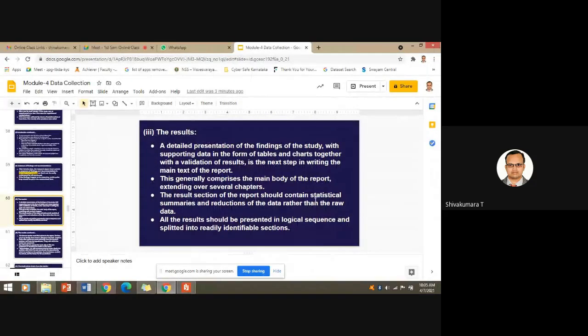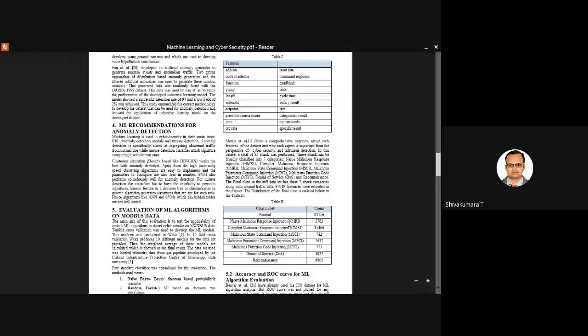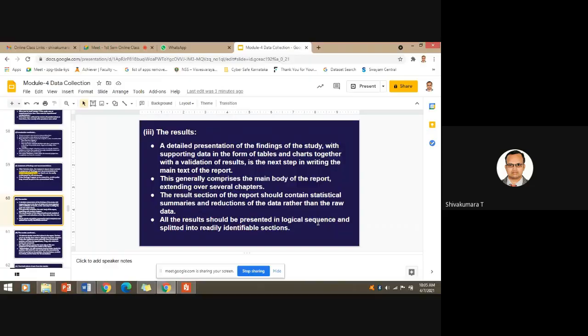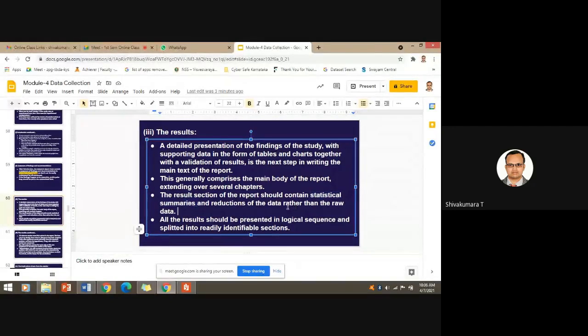It also consists of statistical summaries like normal attacks, for example 61,156, it's a count, and malicious response injection, some count. So he is representing the content in statistical summaries and reductions of data rather than the raw data.